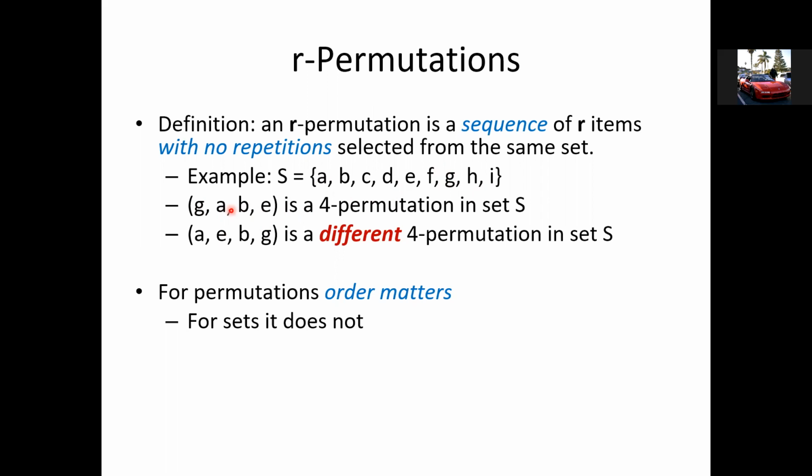Whereas if I asked you how many 4-digit strings there are over this alphabet, each choice of the digit was independent. If I ask you about the r-permutation, which is a sequence of r items with no repetitions, then the choice of the first element influences the number of choices you have for the second. It's 1 less choice.